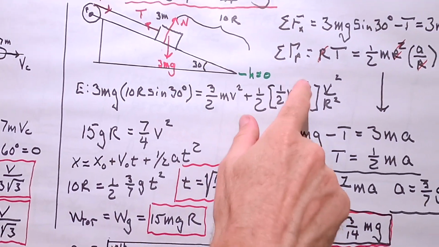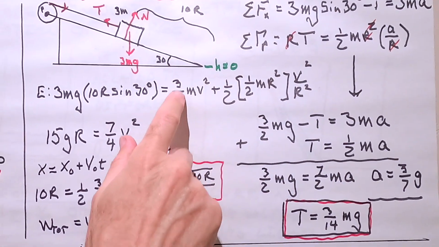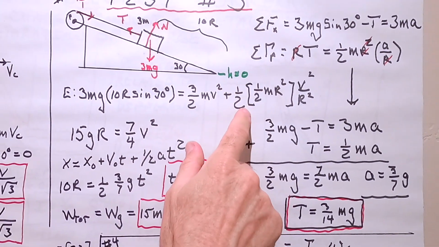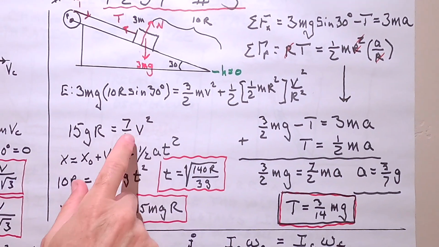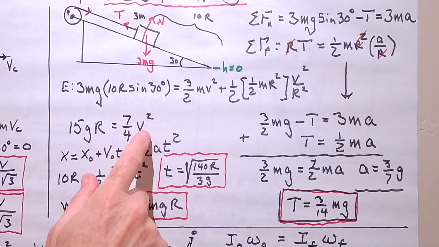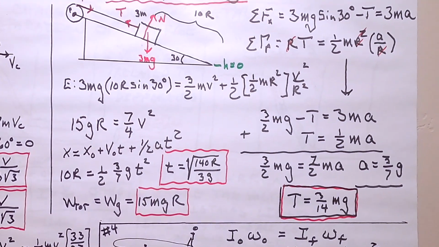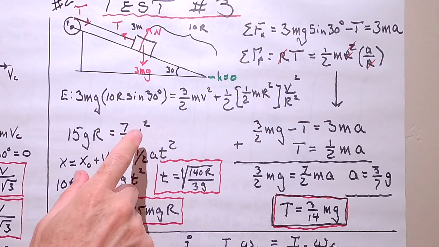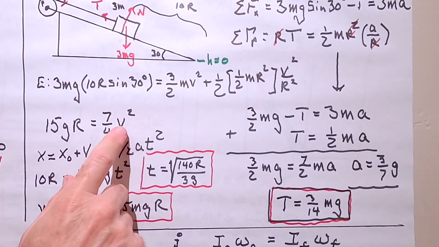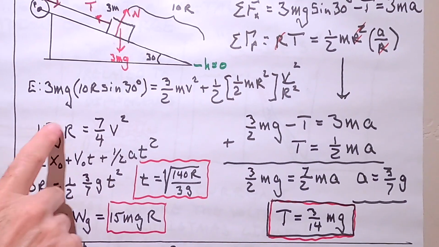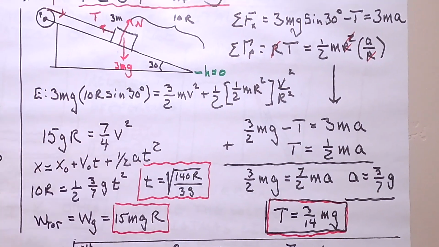And over here, the R's drop out, and you get 3/2 plus 1/4, which is 7/4 V squared. Okay, so we could solve for V right here. I don't even know if we needed it. I didn't ask for it, but if I did ask for it, it'd be the square root of 60 over 7 GR.